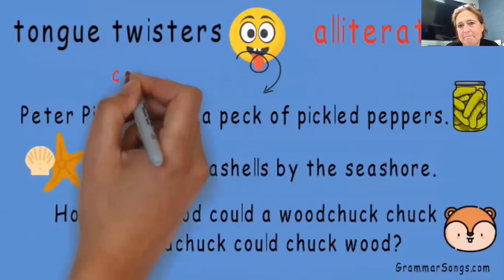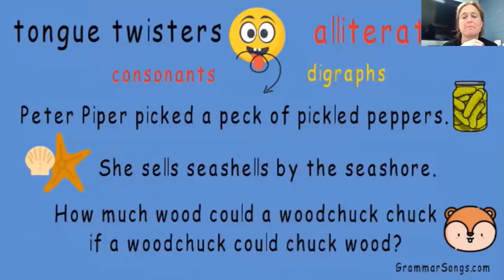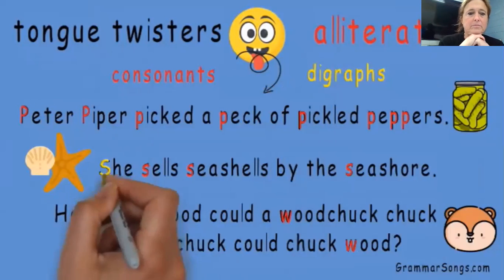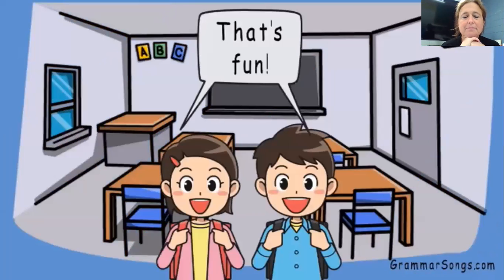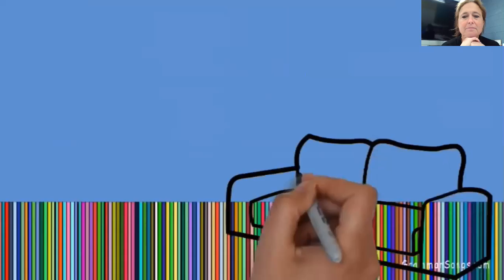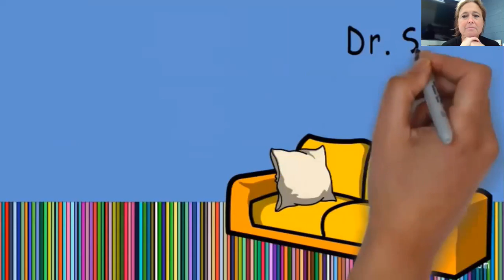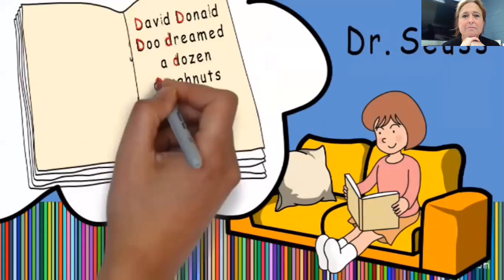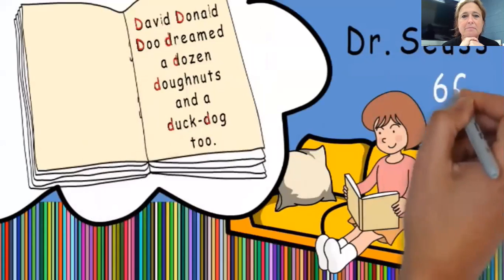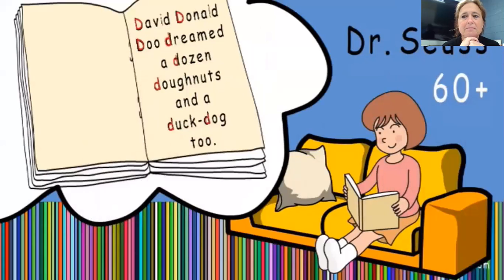The use of repeated consonants and digraphs add strong rhythm to these tongue twisters, making them amusing and memorable. That's fun! Yes, alliteration can be fun. Famous children's author Theodore Geisel, better known as Dr. Seuss, used alliteration among other techniques to help young children learn to read. He wrote over 60 books in his lifetime, and his work is still popular among children today.